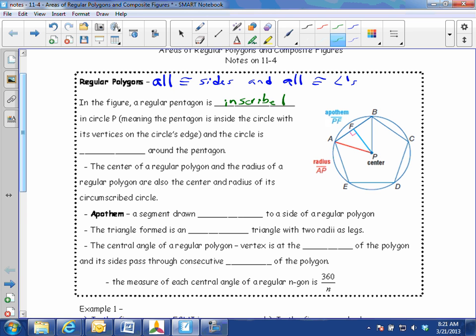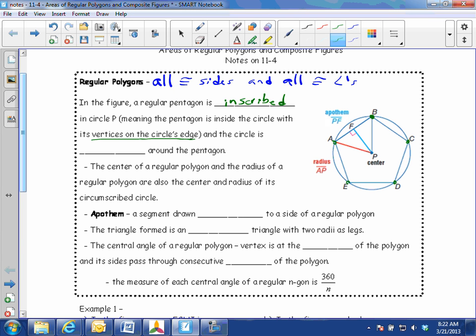I'm going to use a cheat sheet today because we've got vocabulary words I don't know how to spell off the top of my head. Inscribed means on the inside. The pentagon is inside the circle, so we say it's inscribed in the circle P, meaning the pentagon is inside the circle with its vertices on the circle edge.